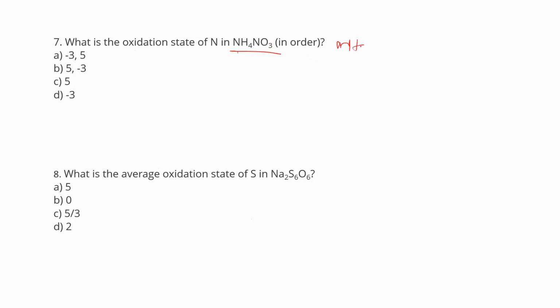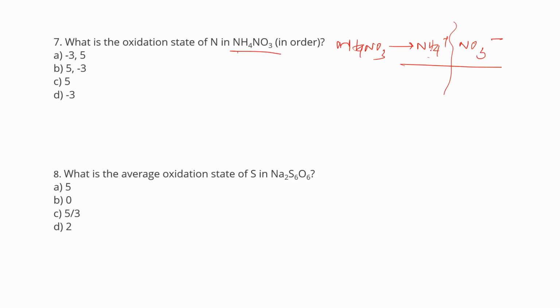If I write it this way, NH4+ and NO3-. So just divide into two pieces. For that case, this is NH4+, the cation, and this is the anion.